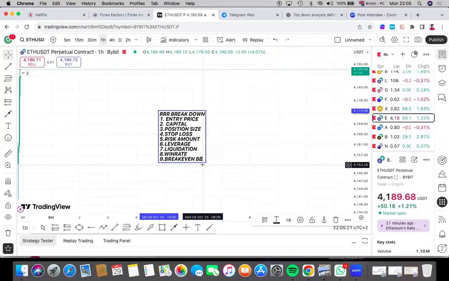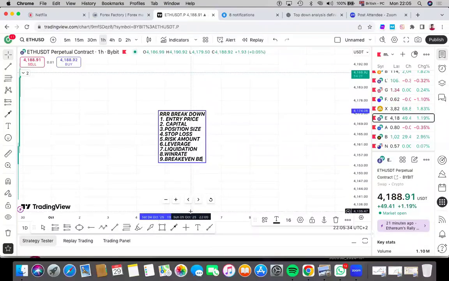So you might shift your stop loss now to your entry price, so as you are trading in a risk-free position. So for example, if the trade is not going against you, but is actually going in your favor, you could shift your stop loss to your entry price to make sure you are in a risk-free trade.